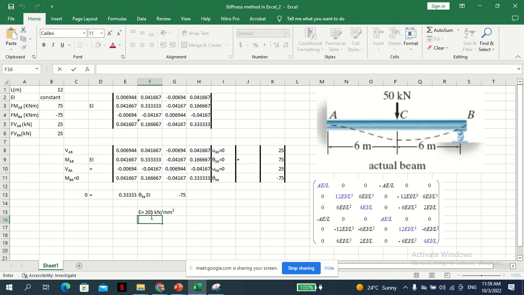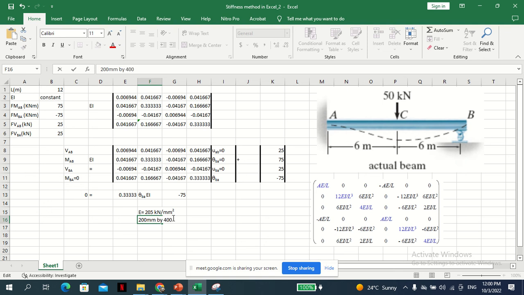Let's say for argument's sake a tube made of steel, and it is 200 millimeter by 400 millimeter.